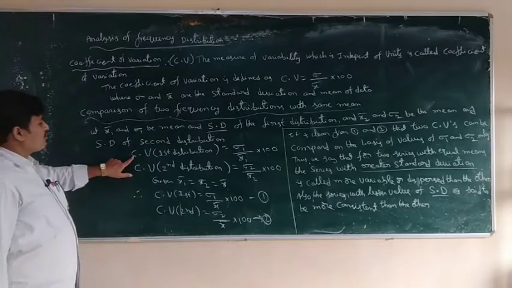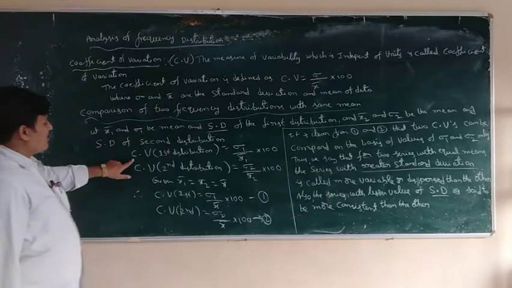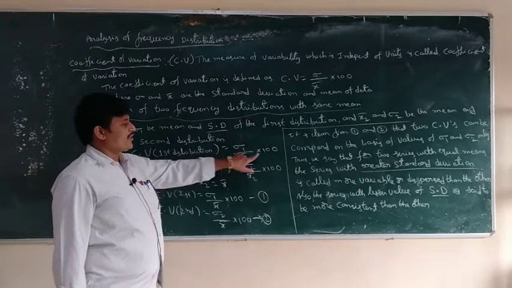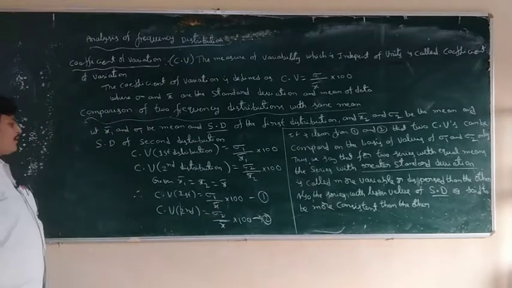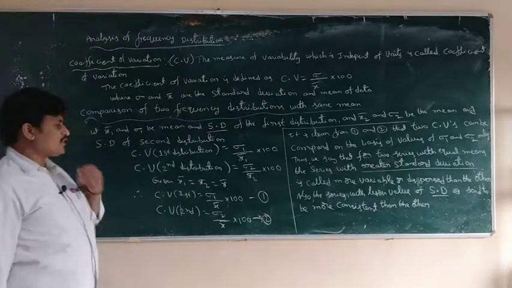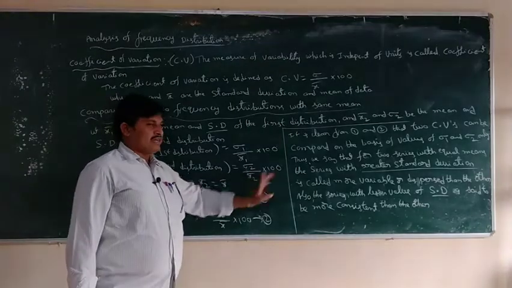The coefficient of variation formula is sigma by x bar into 100. For the first distribution, it is sigma 1 by x1 bar into 100. For the second distribution, it is sigma 2 by x2 bar into 100.